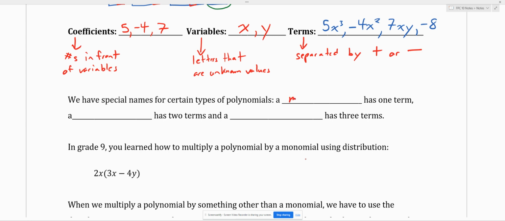So we first will start with the most basic one, a monomial, and that has just one term, okay? Next, we'll move up a term, and it's called a binomial. So this, of course, has 2 terms. And our last one we have is a trinomial, and that has 3 terms. So you remember those pretty easy. Monomial for 1, binomial, trinomial, like a bicycle is 2 tires, tricycle 3 tires.